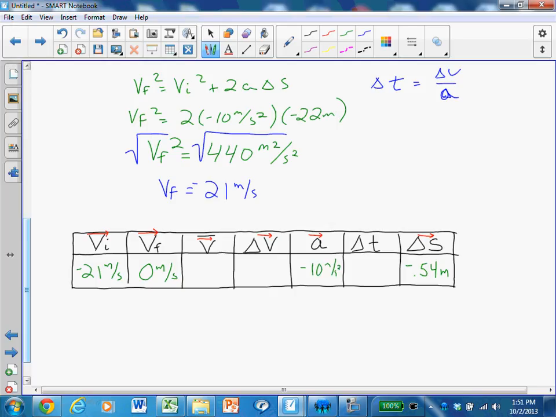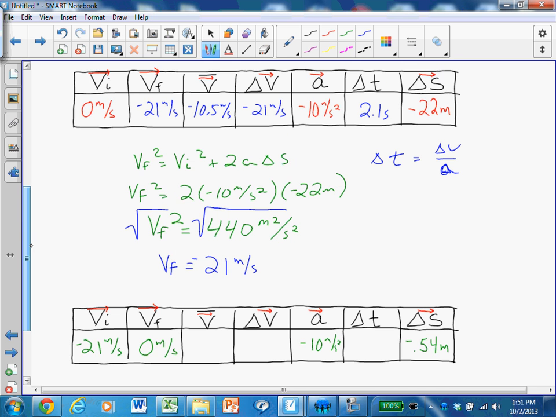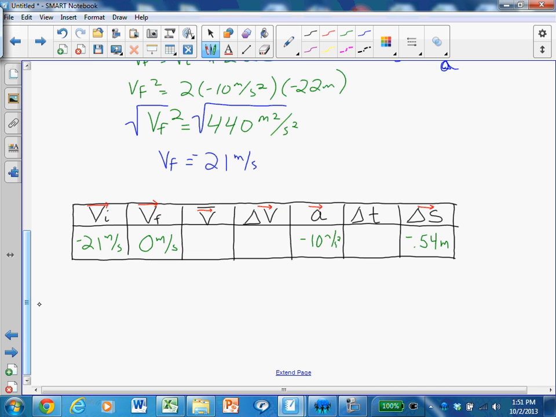So the average is the same average velocity as before, except we do it in much less time. And the change is 0 minus a minus, so this would be plus 21. That doesn't make sense.